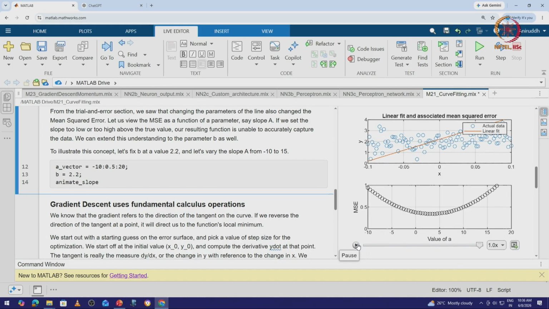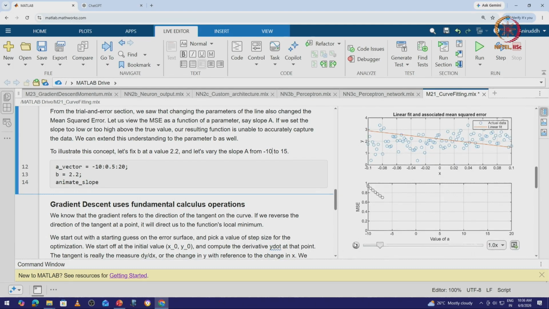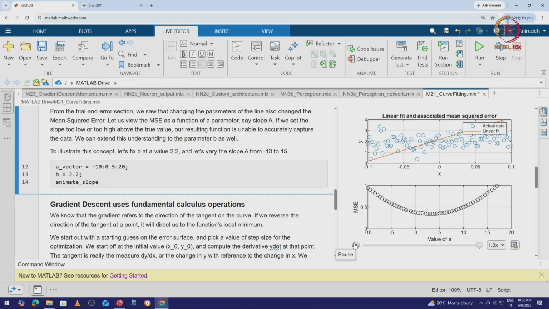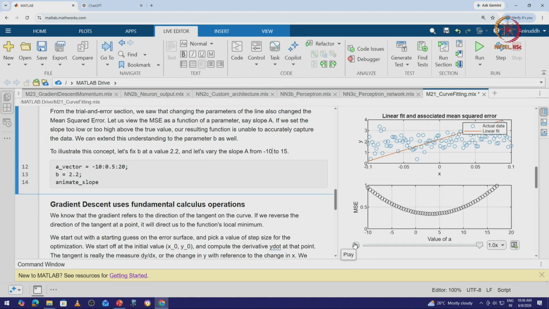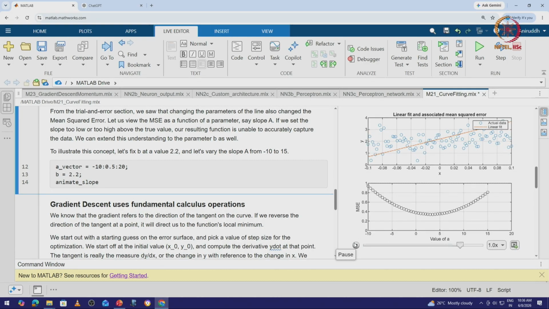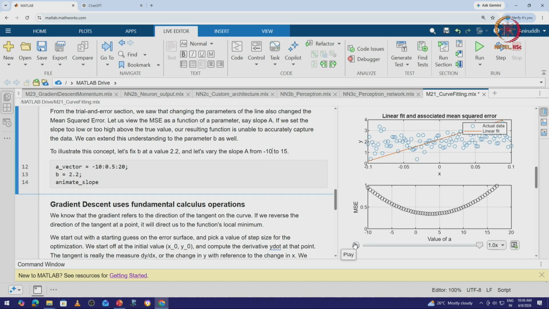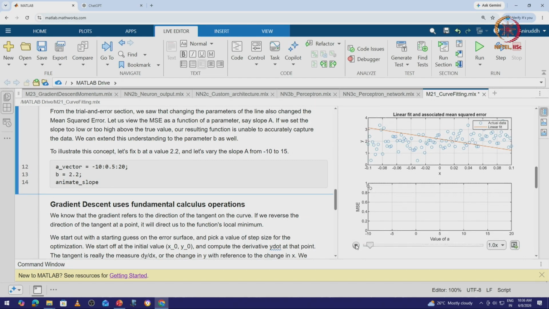This is also something we observed in the earlier curve, but this is just to give a more intuitive understanding. If B is fixed and we keep varying the slope, we can see the influence on the mean square error, right. We can see that the mean square error has certain values, and for certain values of the slope it is essentially in the middle.